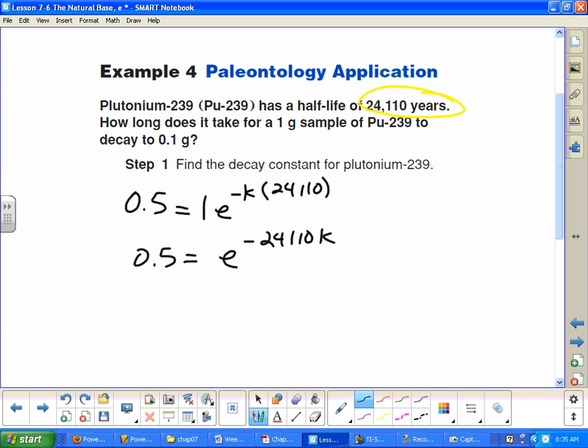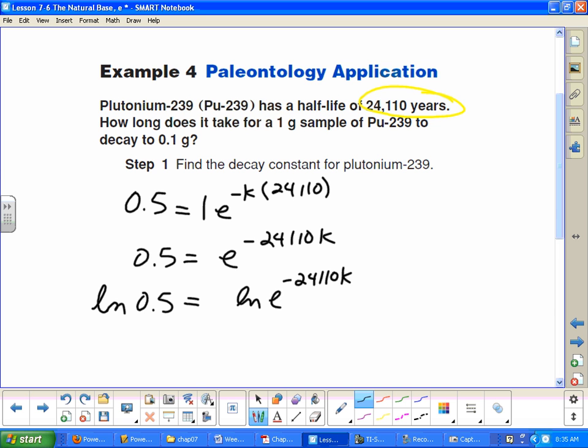We can't do that. So what we're going to do is take the logarithm of both sides to find the value of k, except since we're using the base of e, instead of using logarithm, we're going to use the natural logarithm. So we'll do the natural logarithm of 0.5 equals the natural logarithm of e raised to the negative 24,110 k power.